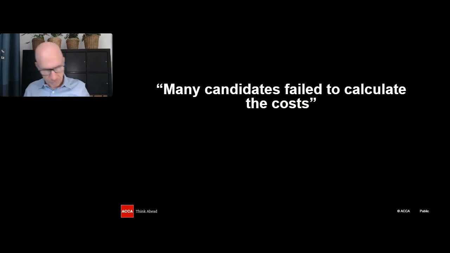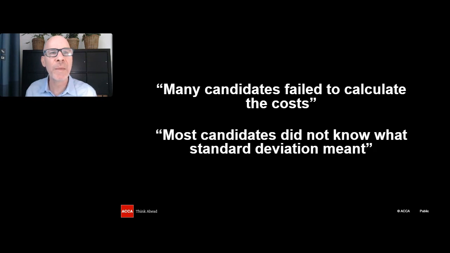Now, here is another problem. This one doesn't come up as often as the previous 3 problems. The examiner's report mentioned this. Many candidates failed to calculate the costs that they were asked to. Most candidates did not know what standard deviation meant.